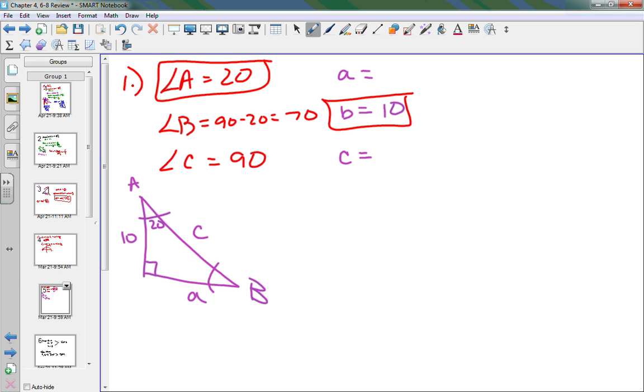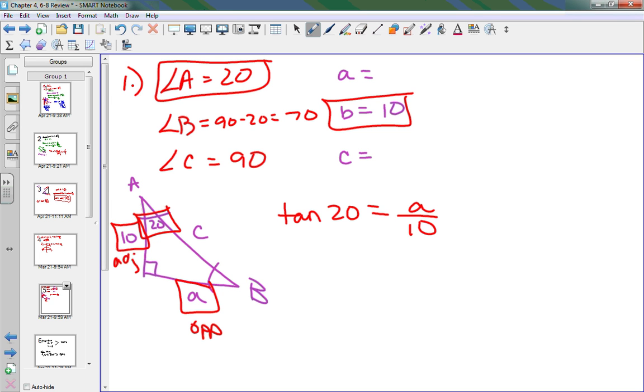So what trig function, if I'm looking for A, and I'm given 20 and I'm given 10, would you use with the angle A? Tangent. Why tangent? Because this is opposite and this is adjacent, which means the tangent of 20 is equal to A over 10. Now, how do I find little a?